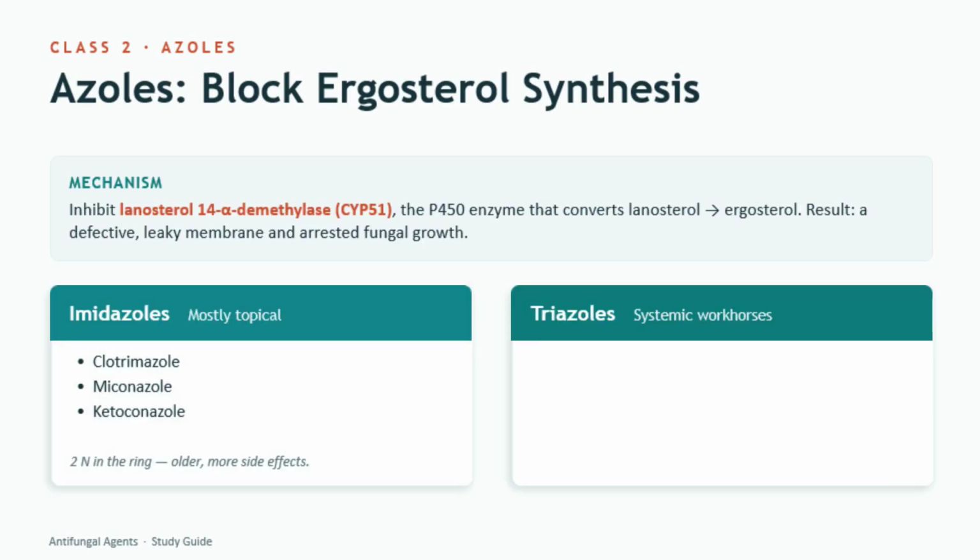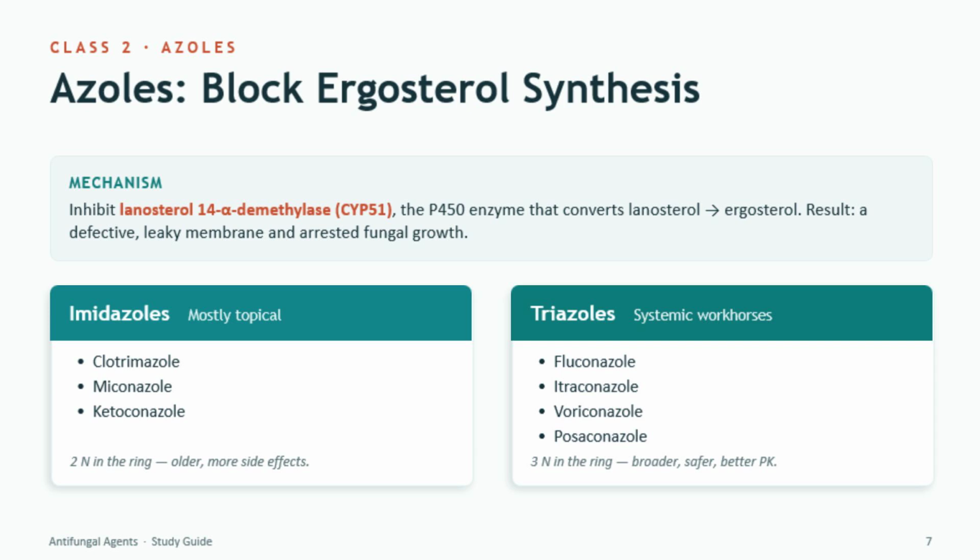On to the azoles, the workhorses of antifungal therapy. Their mechanism is to inhibit lanosterol 14-alpha demethylase. That's the CYP51 enzyme that converts lanosterol into ergosterol. Block it, and you get a defective, leaky membrane and arrested growth. Now split them into two families.